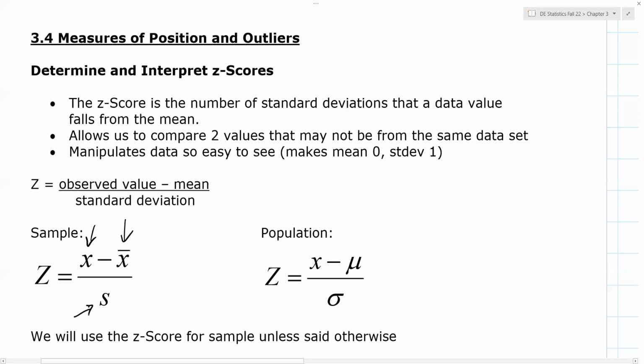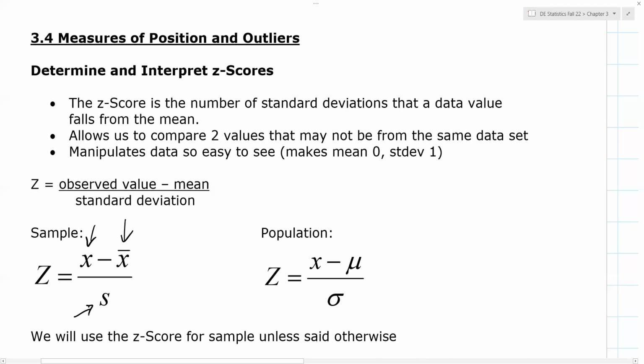So the idea would be if you put 1,000 women in a group and 1,000 men in a group, and myself and Miss Hamilton were in our groups, she would stand out more than I would stand out in my group. And that's what z-scores allow you to do.